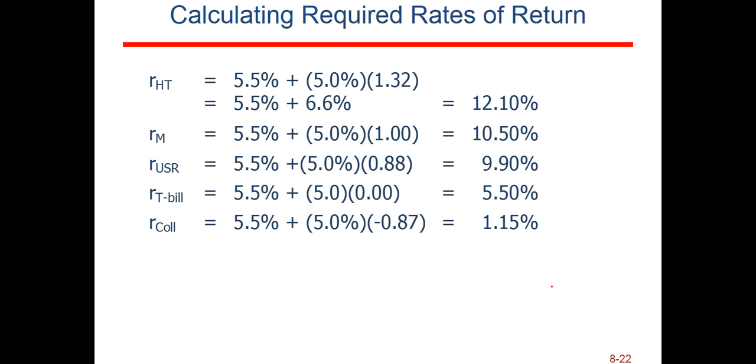If my beta in this case is 1.32, what I need to do is multiply the difference, 5%, by 1.32 and add the risk-free rate. This is the risk premium I am calculating based on beta. As you see, as it fluctuates less and less, it is considered less and less risky, and hence the required rate of return diminishes.